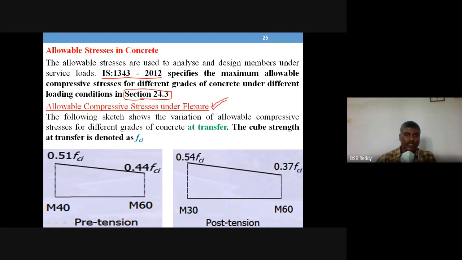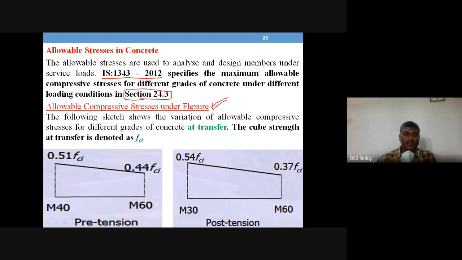They are allowable compressive stresses under flexure. Okay. So flexure means bending. So bending causes both compressive and tensile stresses. So let us talk about how much compressive stress due to flexure will be allowed in a pre-stressed concrete member.